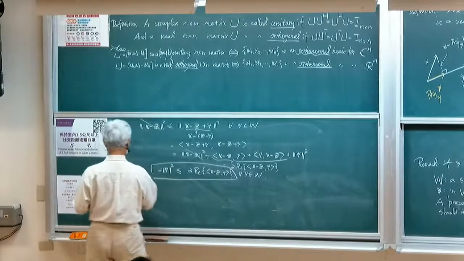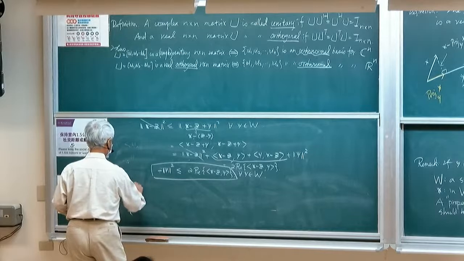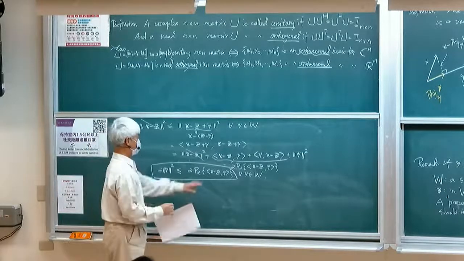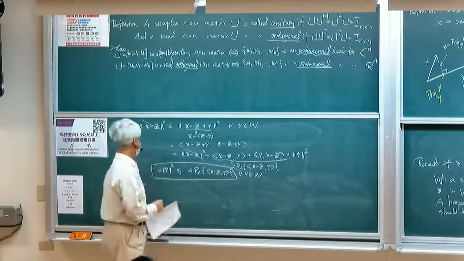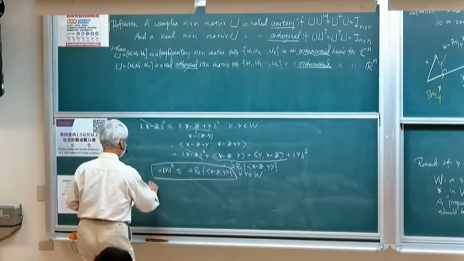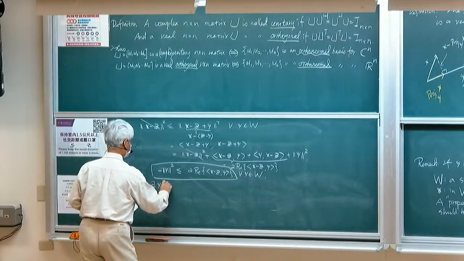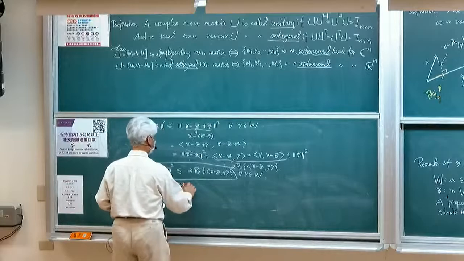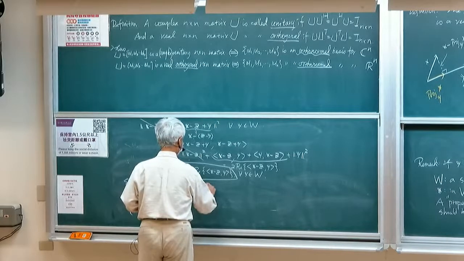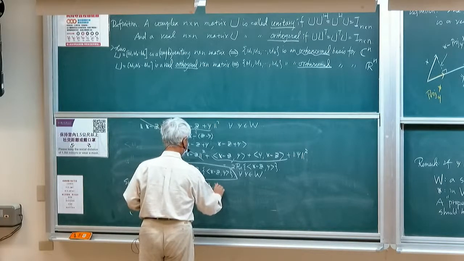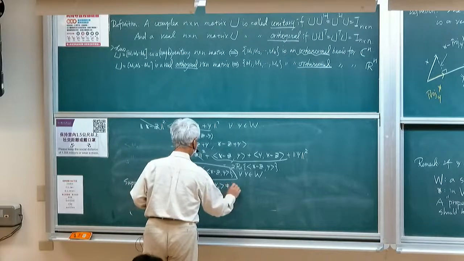All right, so our purpose is to show this inner product is 0, right? So suppose that there exists a y0 in W such that y0 is not equal to 0.